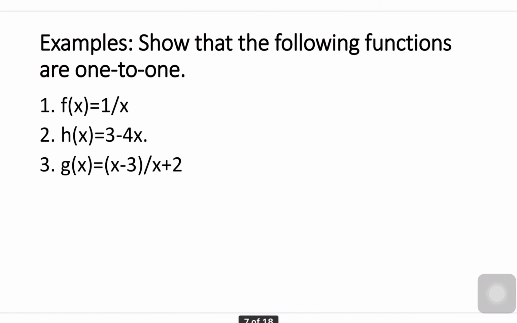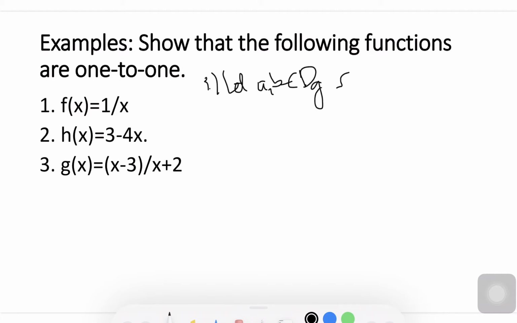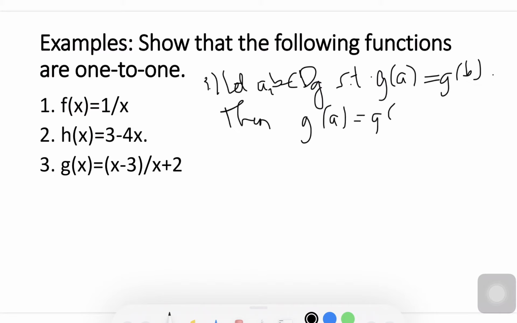Next, last, number 3. Again, let a and b be in the domain of g such that g of a is equal to g of b. Then again, let's start with g of a equals g of b. Substitute. We have a, this is our function, so we have a minus 3 over a plus 2.